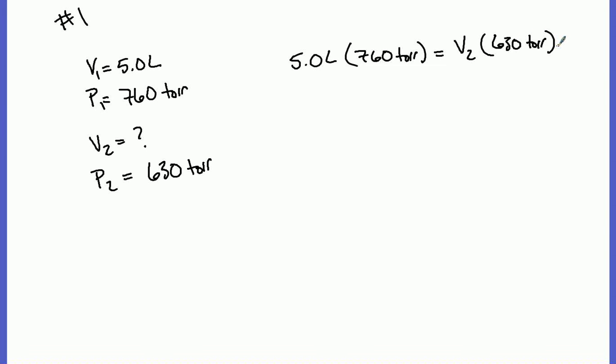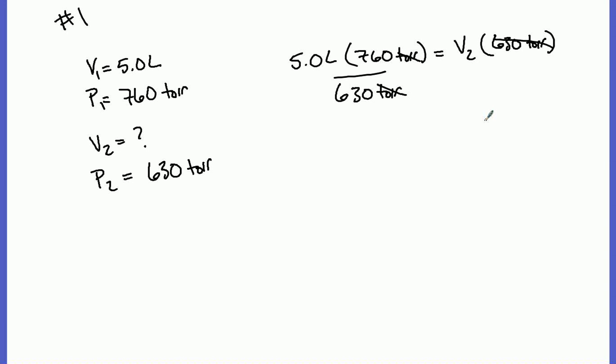And we have liters and torr going on here in this problem, but it really doesn't matter as long as your units match. Because my next step in solving this, in order to get V by itself, is to divide by that 630 torr. And that moves it over here. This torr cancels this torr.